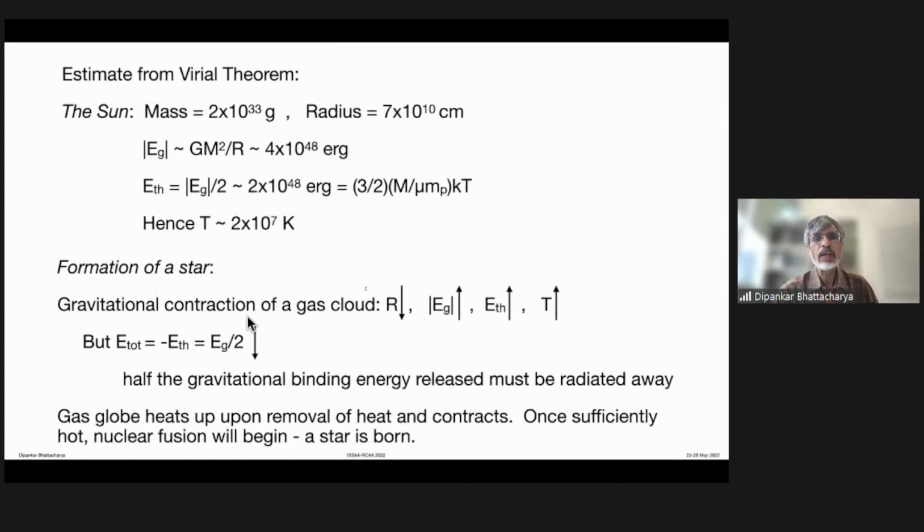So in the gravitational contraction of such a gas cloud, the radius keeps going down, which means the magnitude of the gravitational energy keeps going up. Gravitational energy keeps becoming more and more negative. Thermal energy, of course, therefore keeps going up. The number of particles is the same, but the thermal energy keeps going up, so the temperature keeps going up.